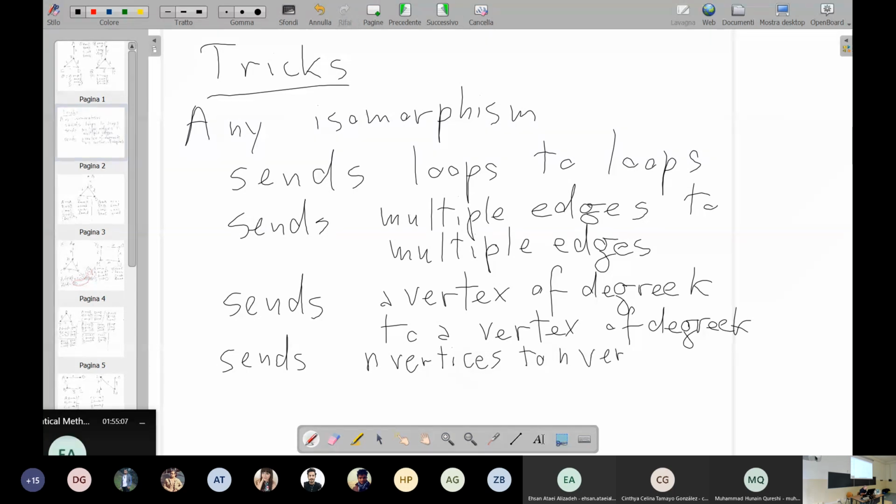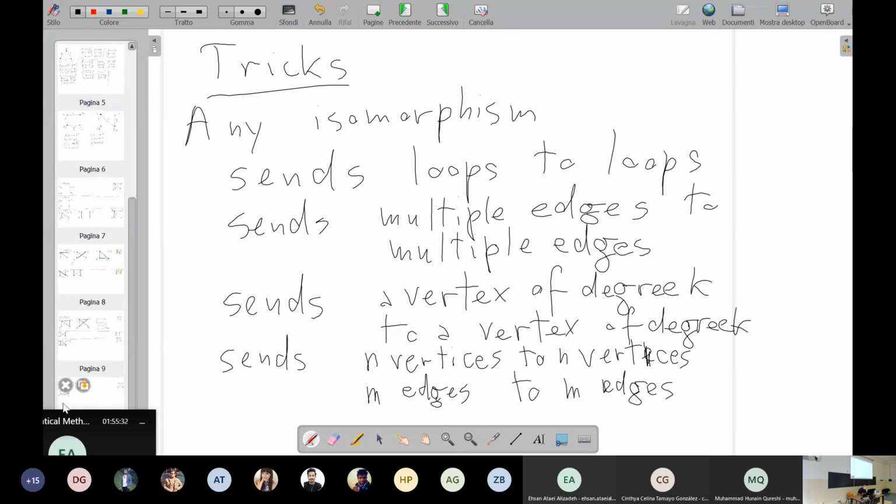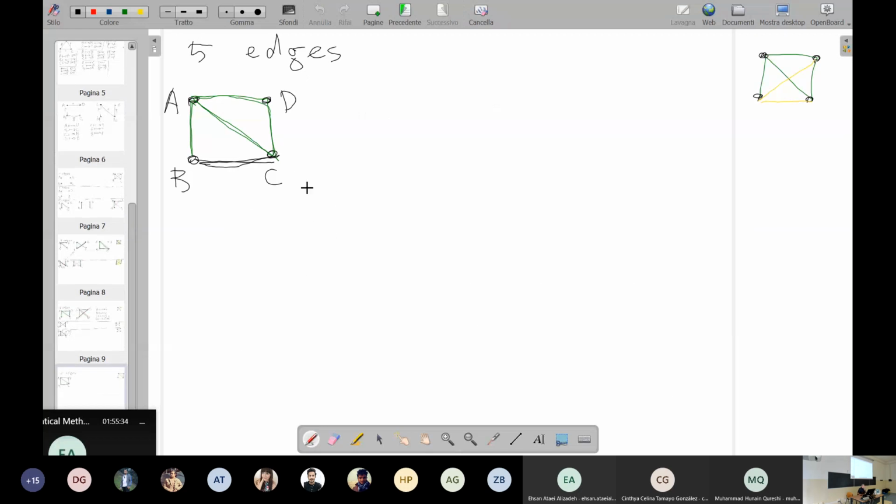Of course, we must have the same number of vertices and M edges. This is the first thing because we have 2 bijections. So, of course, now by adding a new edge, we get something which was not there before. Okay, so, all right with this.